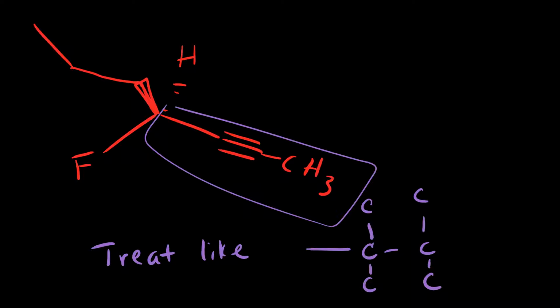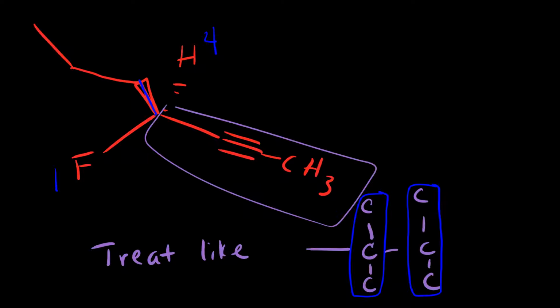Similarly with a triple bond, you're going to treat it sort of the same way. For each pi bond, you are putting an extra carbon on each atom. So this time you have 2 pi bonds, and so you're going to put 2 carbons on there in terms of just the way that you treat it when doing the prioritizing. So it's obvious that fluorine takes top priority and hydrogen takes bottom priority.